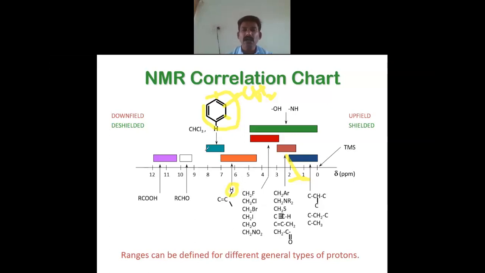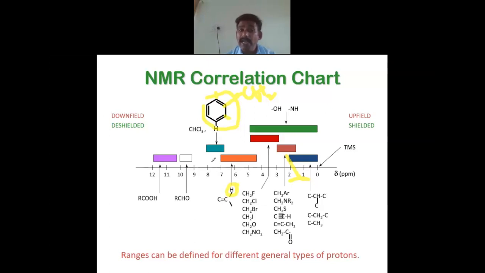Already I told you about aromatic compounds. And CHCl3 appears at 7.5, also in the 6 to 8 range, because a lot of electronegativity is there. The CH proton of CHCl3 appears here.